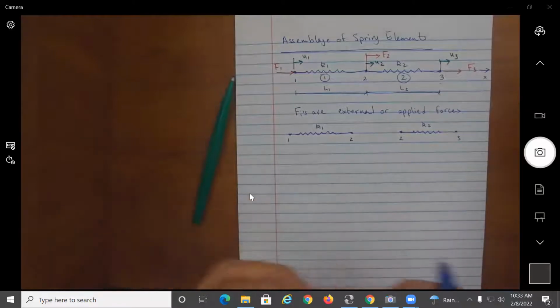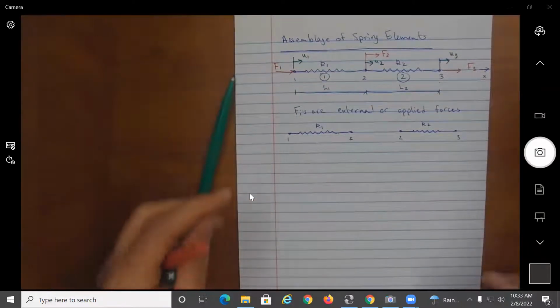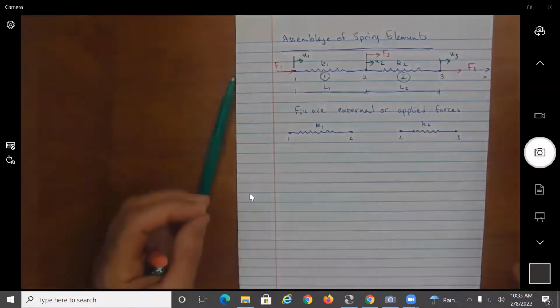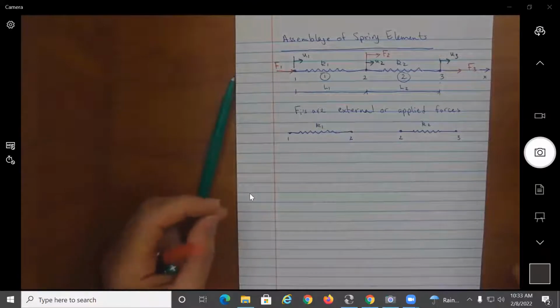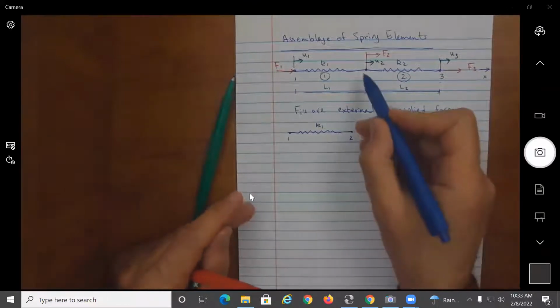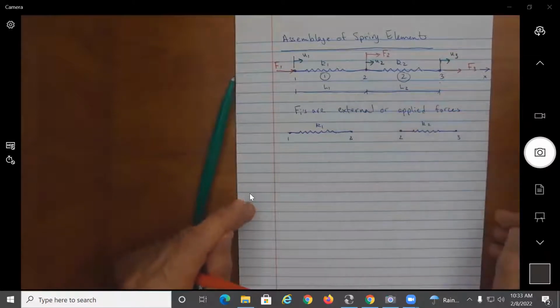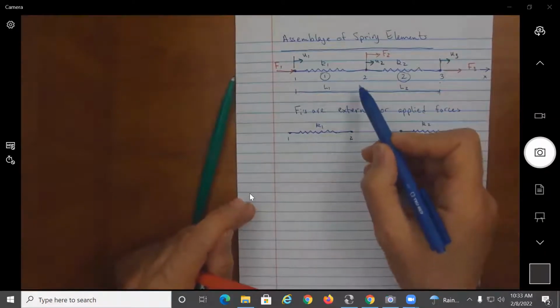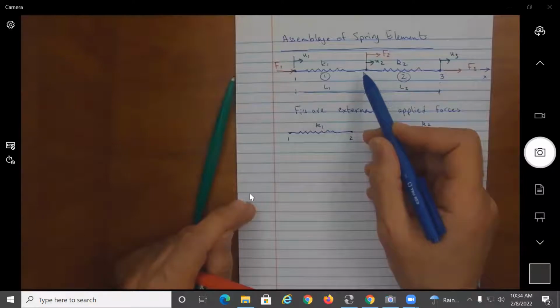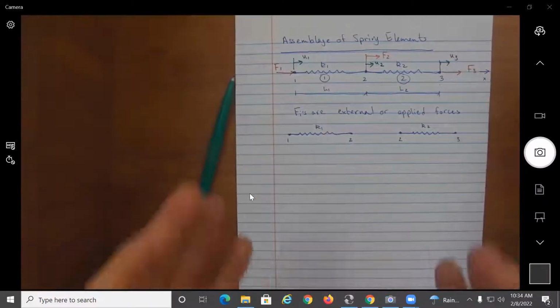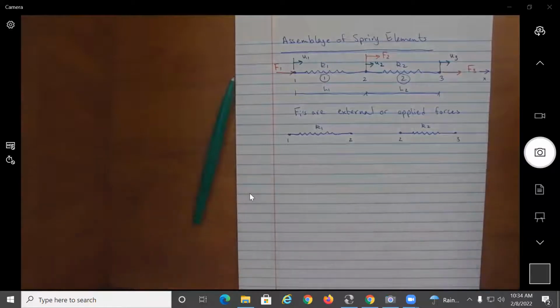And since we just separate them, but because they form a structure, after the formation, node 2 has to keep the 2 elements connected. In order for node 2 to do that, that would mean both element 1 and element 2 are gonna share the displacement of node 2.